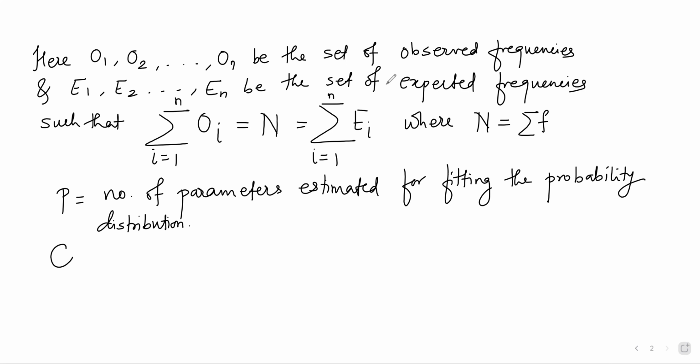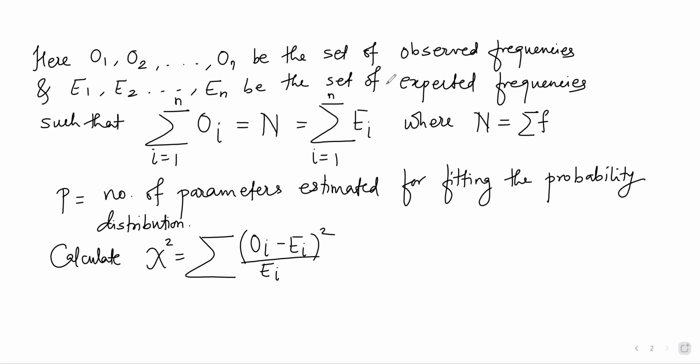So calculate chi-square is equal to summation of (Oi minus Ei) whole square by Ei, for i equal to 1 to n. So this we have to calculate.